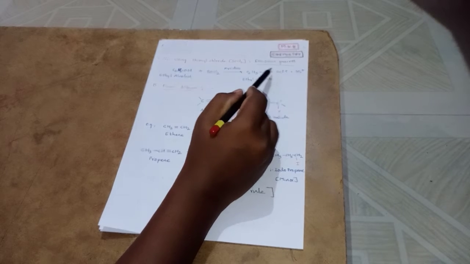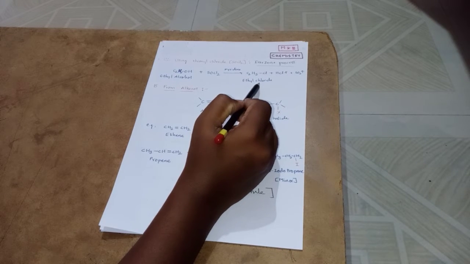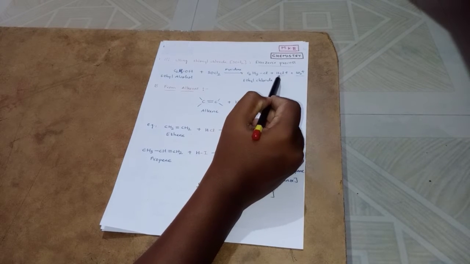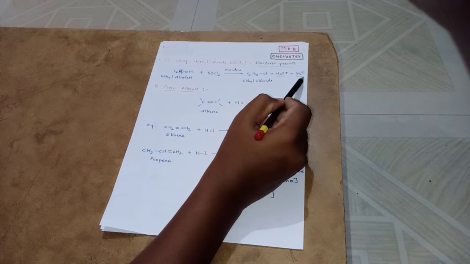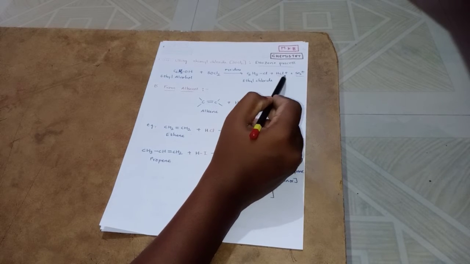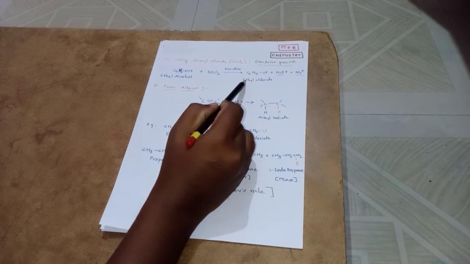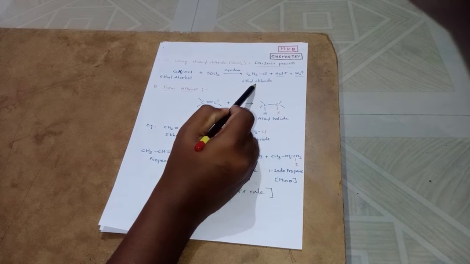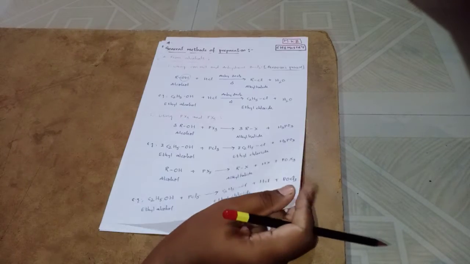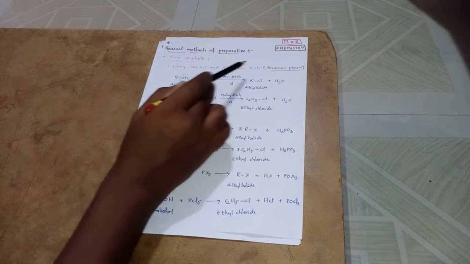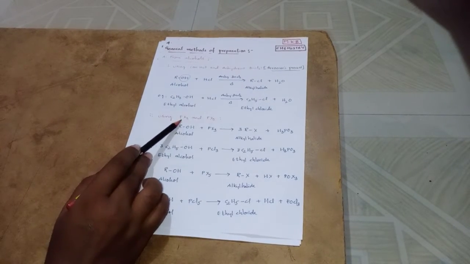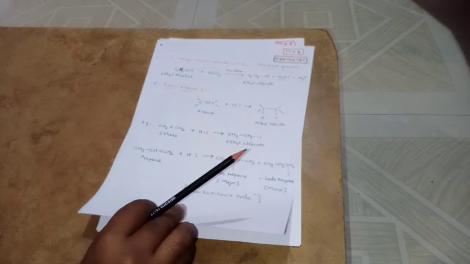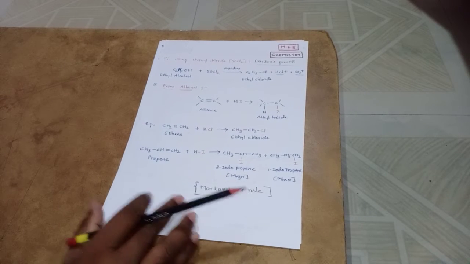Now this is a very important preparation method of alkyl halides because the byproducts obtained here are both gases. As these are two gases, the product obtained will be alkyl halide only. So this is more preferable compared to Groves process or using phosphorus trihalide and phosphorus pentahalide. So this is how the alkyl halides are prepared from alcohols.